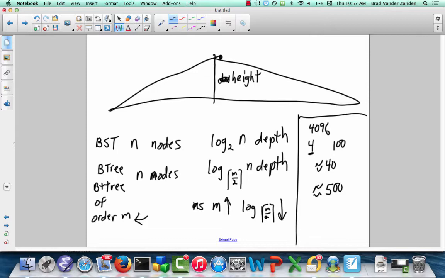So that's why B+ trees are preferred in database systems. Okay? And the reason you rarely see B trees is that in memory, binary search trees tend to be much more efficient than B trees. So if you can store everything in memory, then a balanced binary search tree like an AVL tree is going to be much more efficient than a B tree.